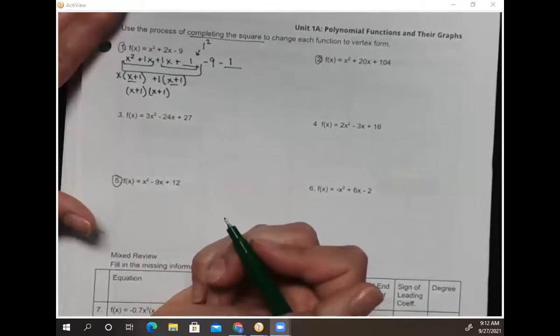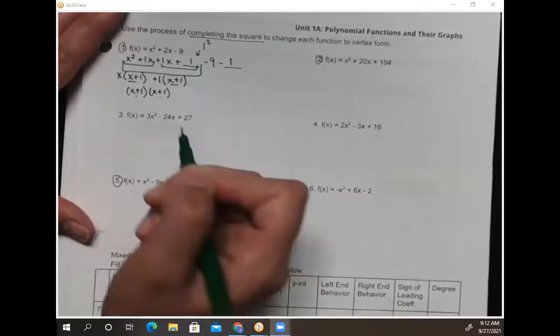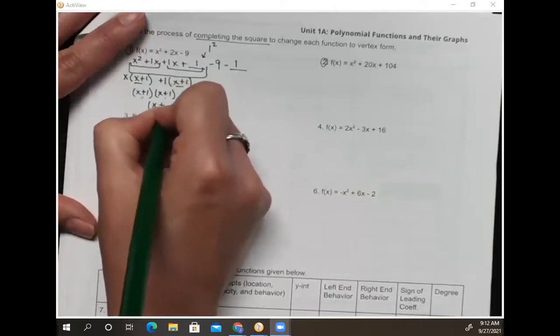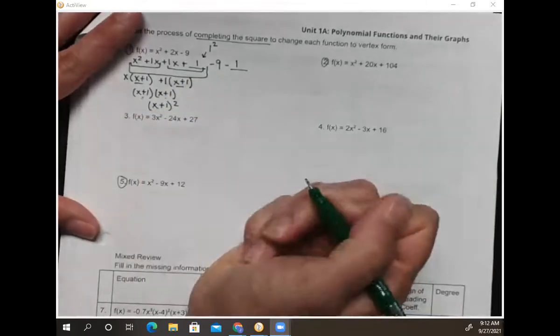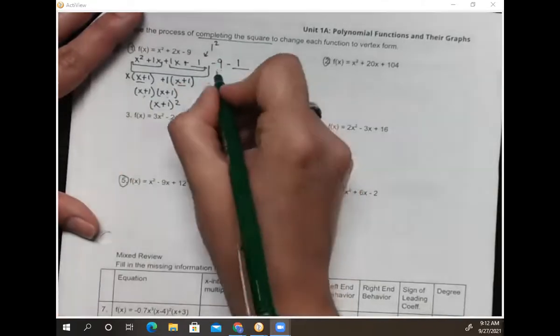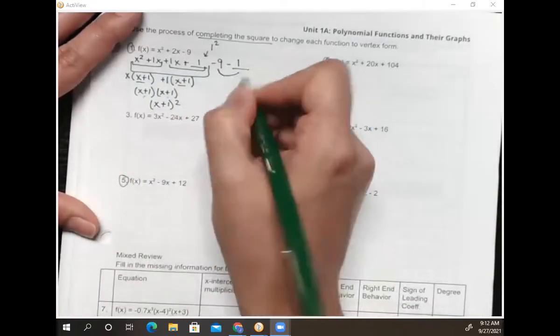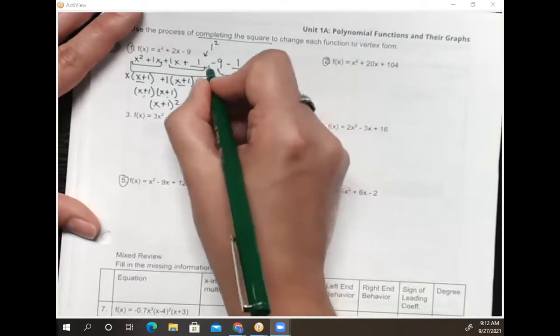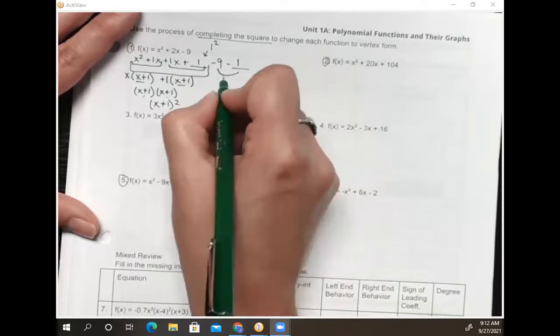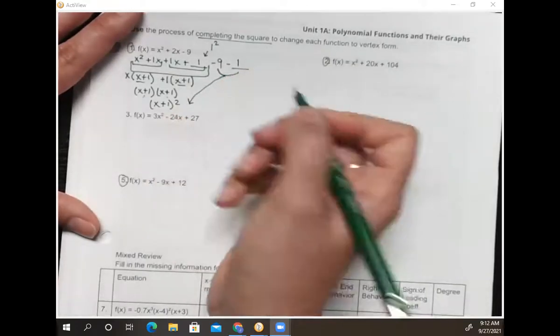When you're completing the square, you should always get the same factor twice, because that allows us to write that factor squared, which is what we want for vertex form. And then finally, these 2 numbers at the end, it should always be 2 numbers at the end, your old C, and then subtracting that new C. Those will just combine like terms and throw them at the end here.